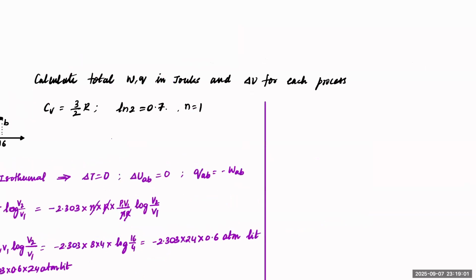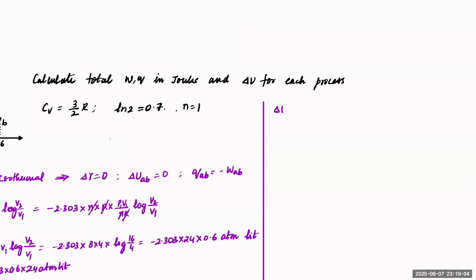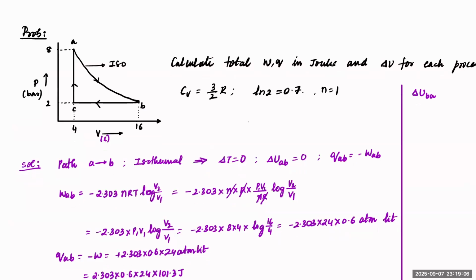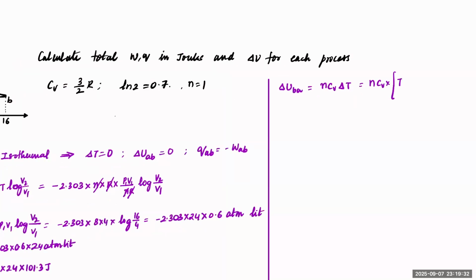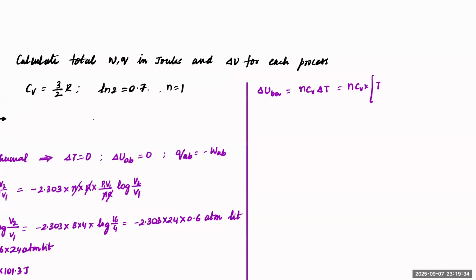Now delta U from B to C. How will you do that? Check out, this is happening at constant pressure. At constant pressure, for delta U, we do not have many formulas except n Cv delta T. So I can write this as n Cv into delta T. Delta T can be written as T2, or TB here, no, sorry, TC minus TB.